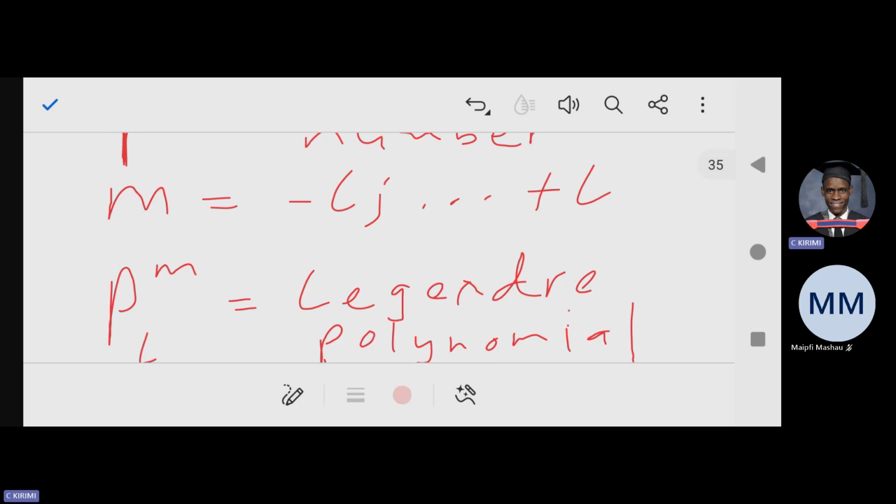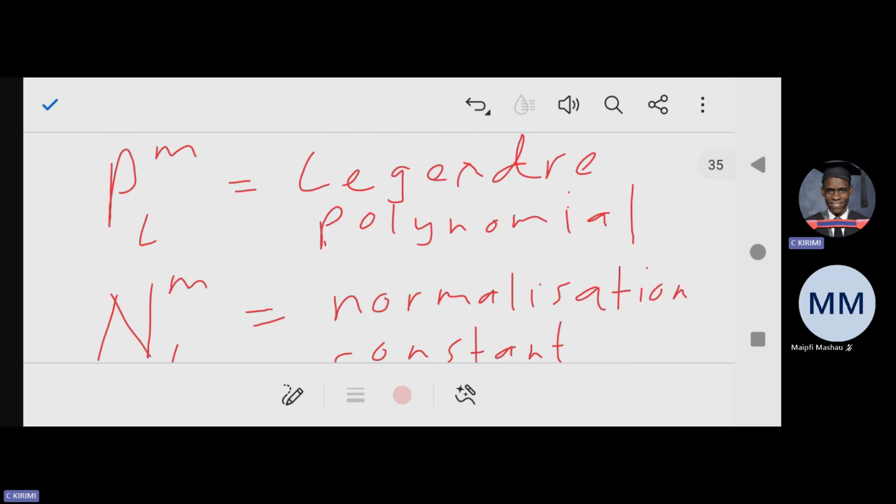That is the magnetic quantum number. So the value of M can be negative 2, positive 2, negative 1, positive 1, and also 0. Those are the magnetic quantum numbers for L.